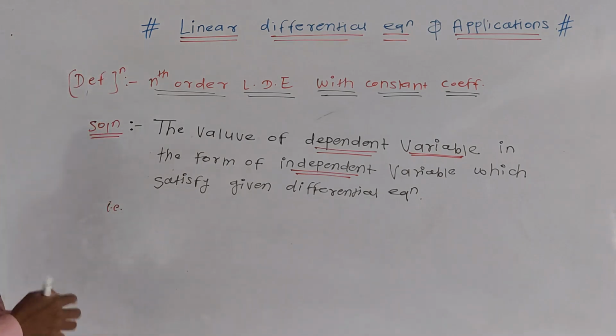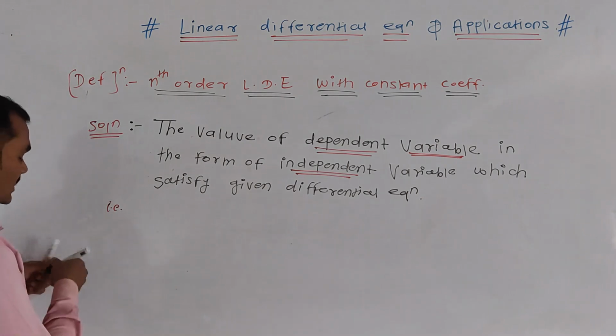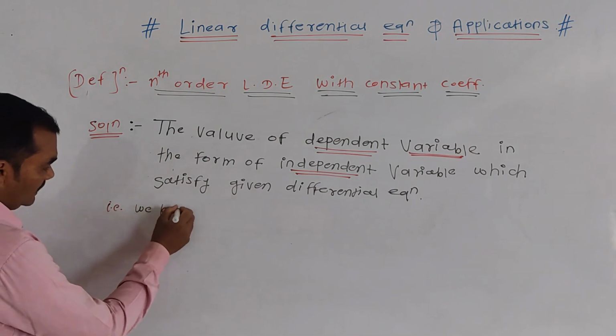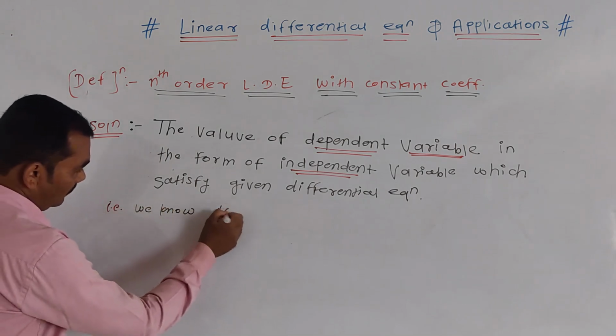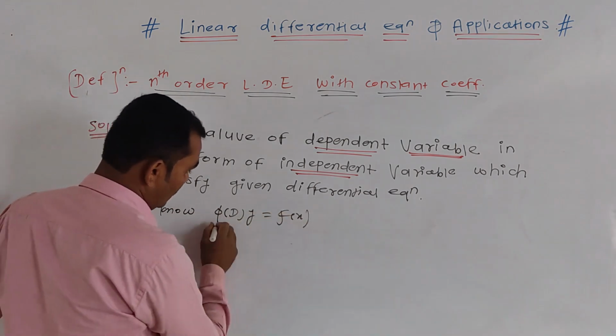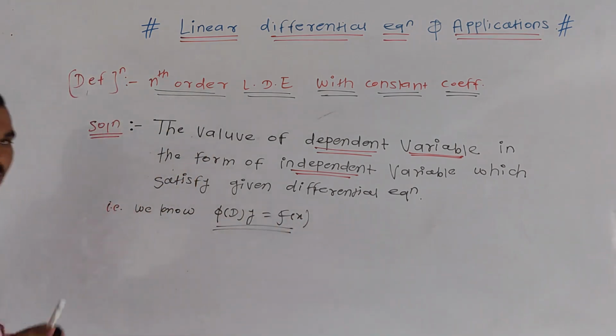That is we have to find value of y. आपके पास इक्वेशन है, we know which equation, phi of D into y is equal to f of x. Okay, phi of D into y is equal to f of x. This is your differentiable equation.